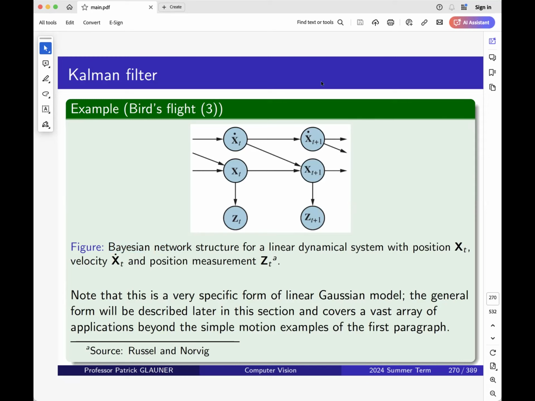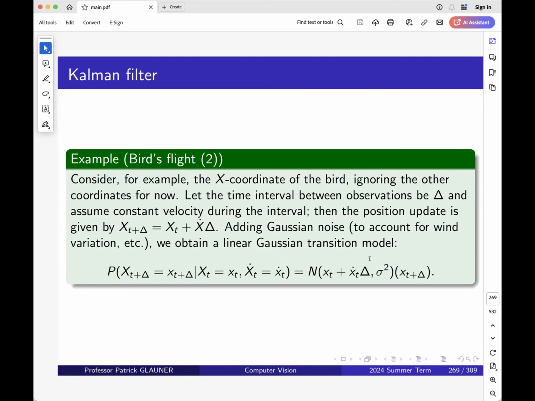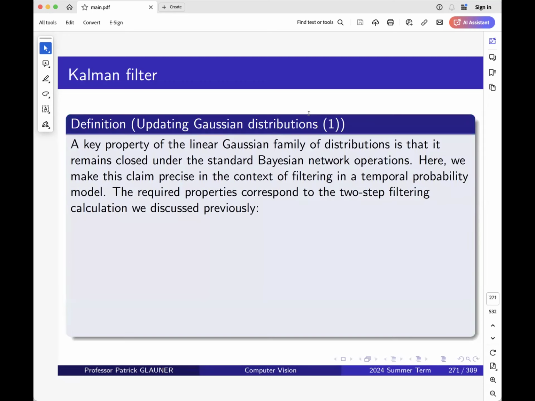I tried to compress the key essence in here, what we need for this Kalman filter to describe our linear dynamical system. It's linear because we have made this assumption here that we update our x by taking the velocity and how much time has been spent between an interval. And that's the linear assumption. And we add Gaussian noise, and that's why it's a linear Gaussian transition model.